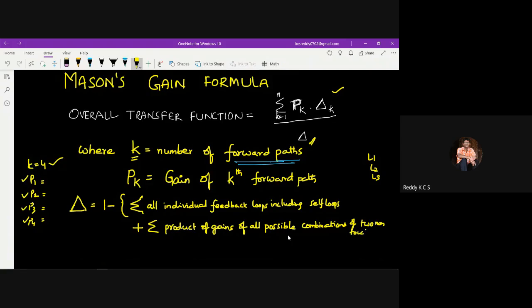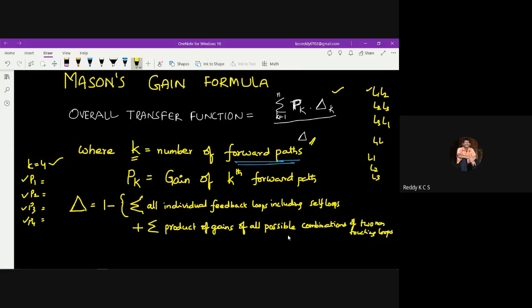As we discussed in the last class, for example L1 L2, L2 L3, L3 L1. These are the combinations of two non-touching loops.